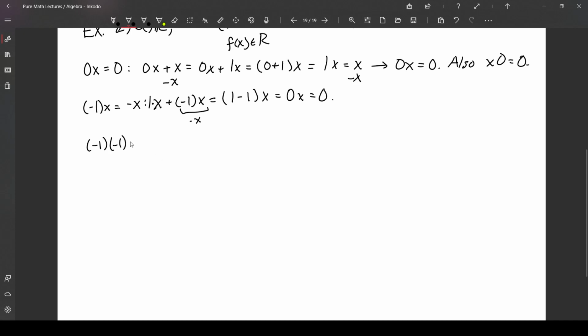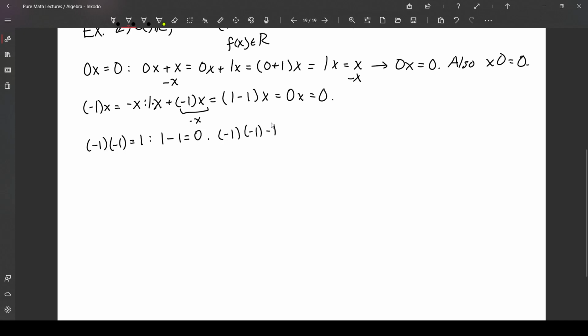Next, we have that -1 squared is equal to 1. Why is that? Well, 1 minus 1 is equal to 0. So let's look at -1 times -1 minus 1.